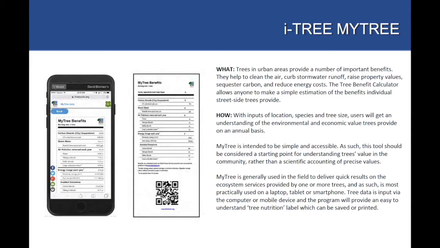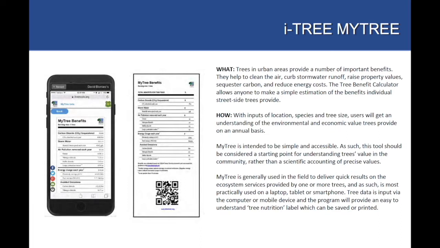We make a simple estimation of those values, and they're reported out. You can see right here on the left, or in the middle, is the MyTree nutrition label. It really looks sort of like a nutrition label on the side of a cereal box.